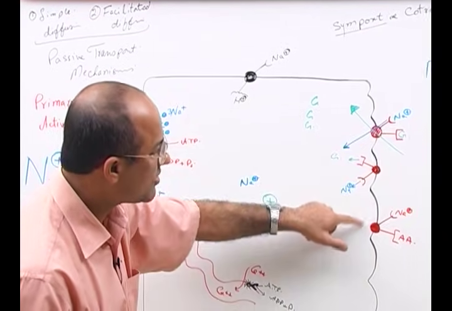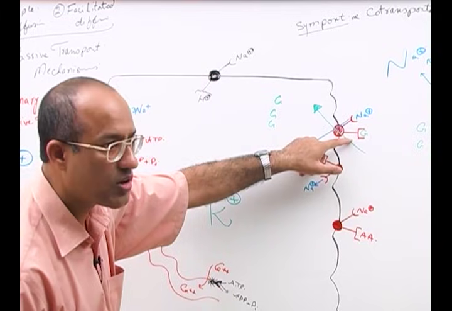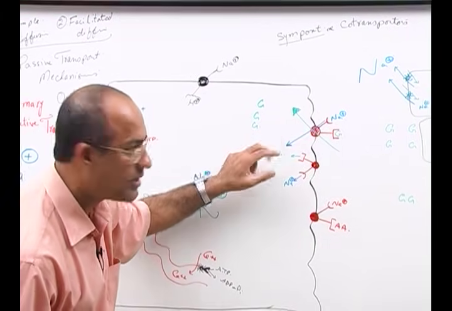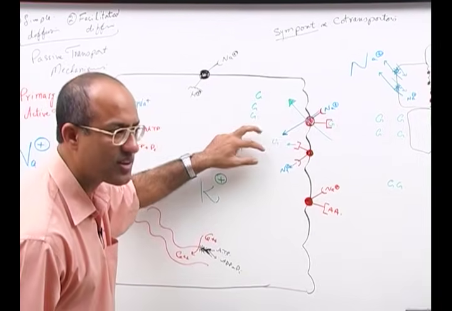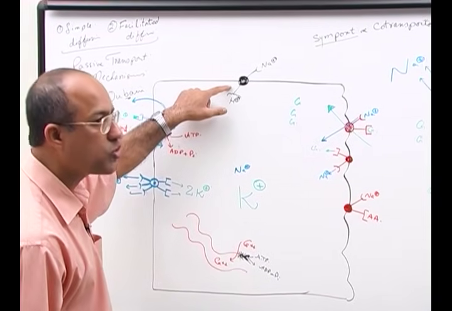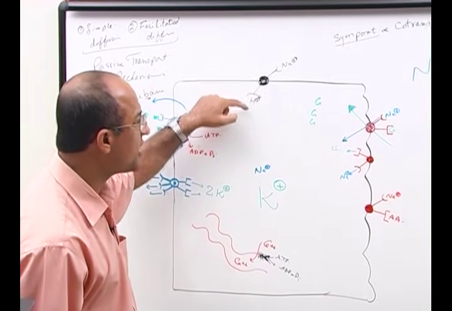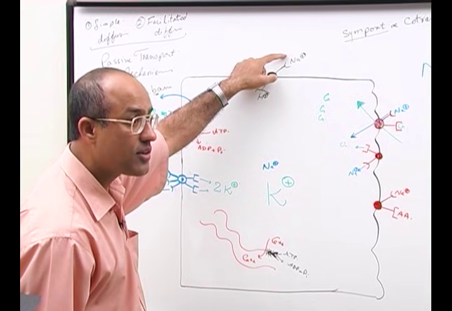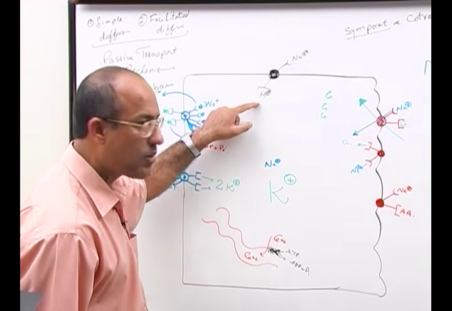Those transporters were having sodium and glucose, both of them taken from outside and transported inside. So that was an example of co-transportation. But this transporter has two domains, one extracellular domain, the other intracellular domain. The extracellular domain binds sodium, the intracellular domain binds proton.